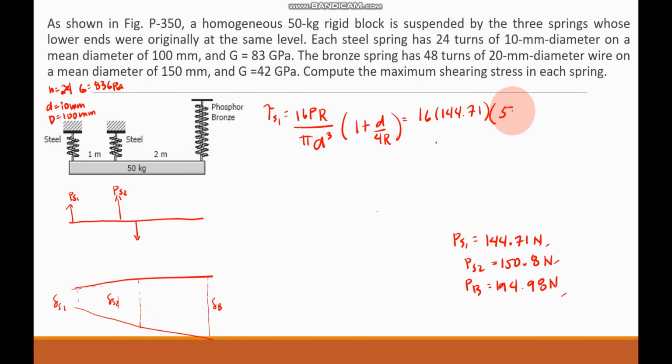Mean radius is 50 millimeters. All over pi, yung d niya is 10 raised to 3 multiplied by 1 plus 10 all over 4 of 50.